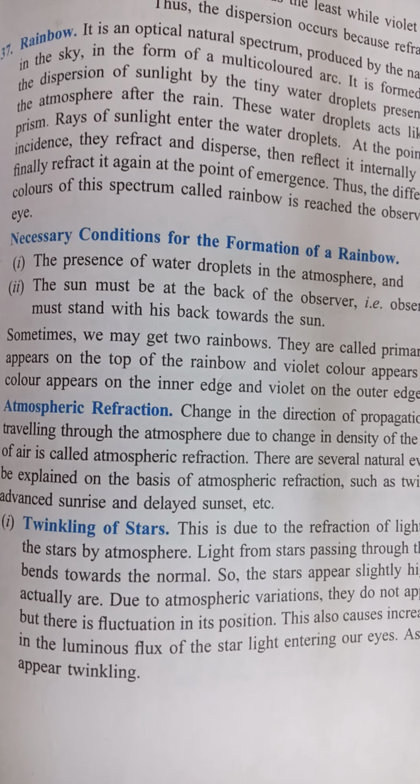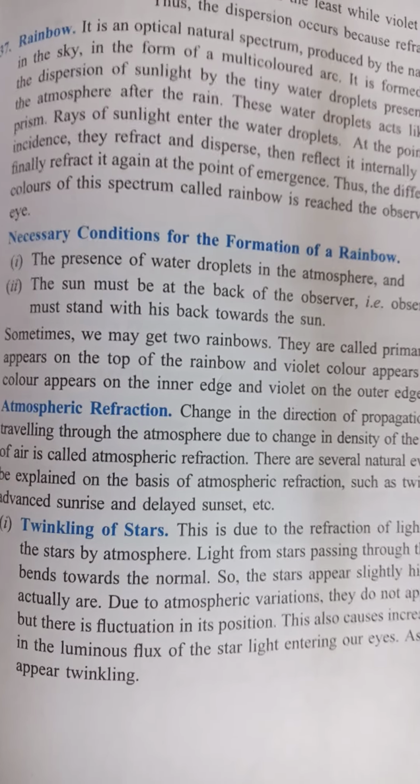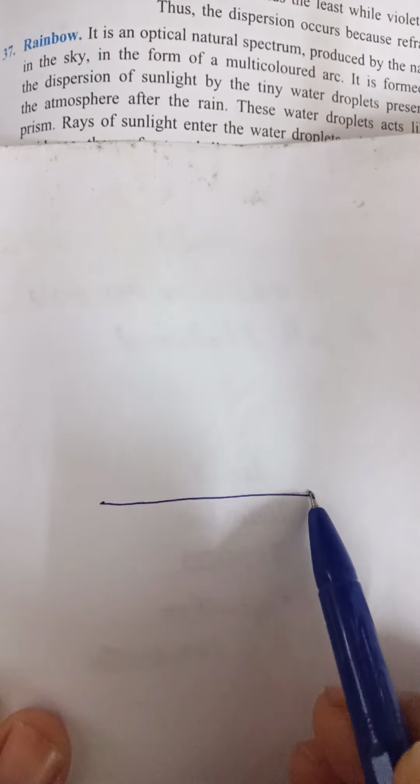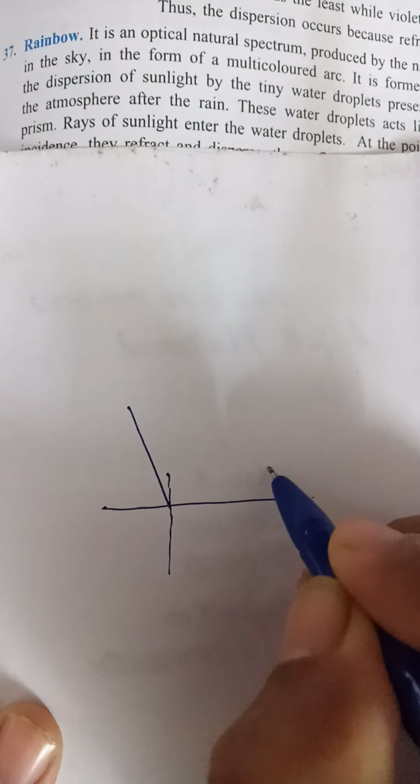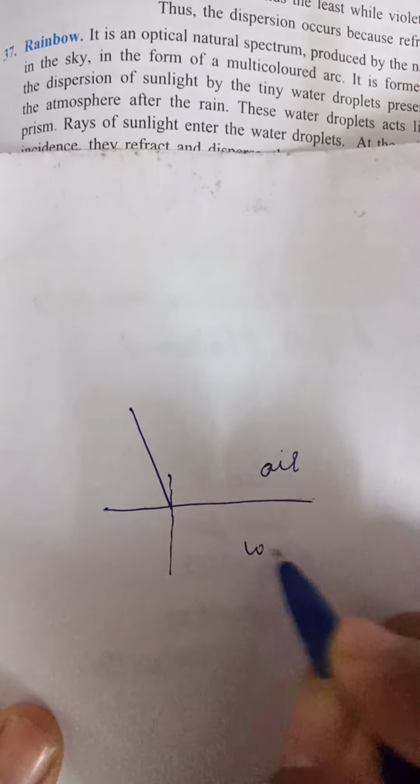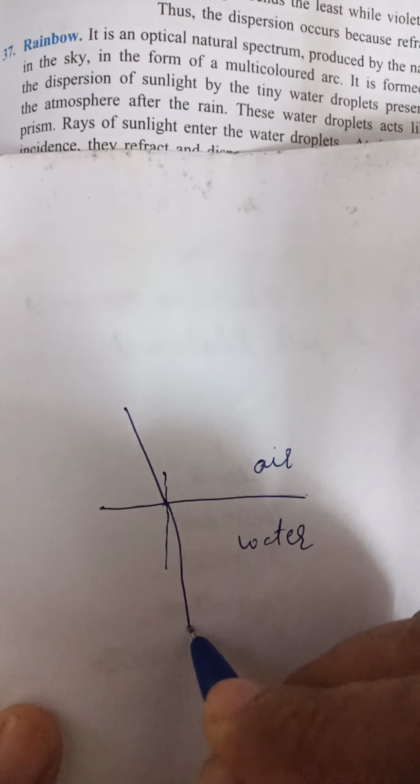Now, atmospheric refraction we have already understood before. What is the meaning of refraction? Refraction is the process in which a light ray strikes a surface, and here if we draw the normal, suppose it is traveling from air to water, this light will bend towards the normal.